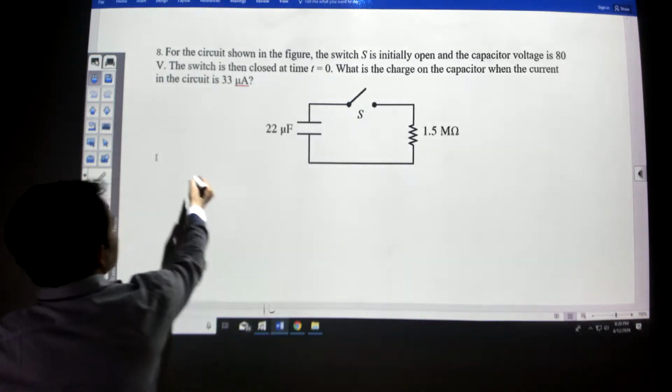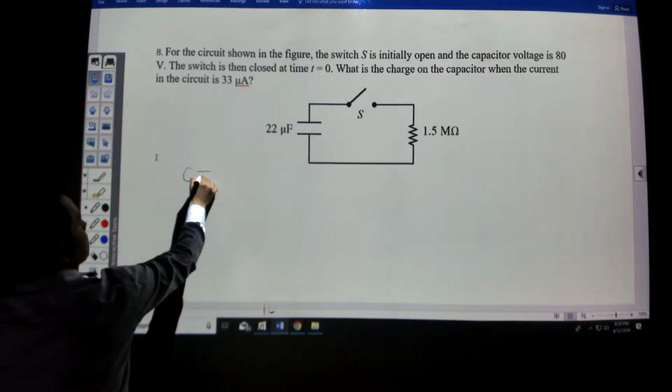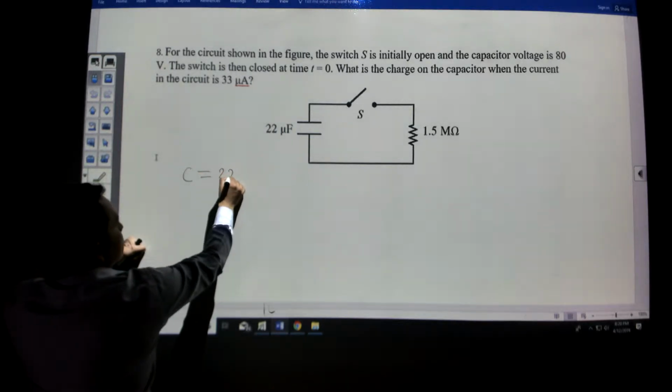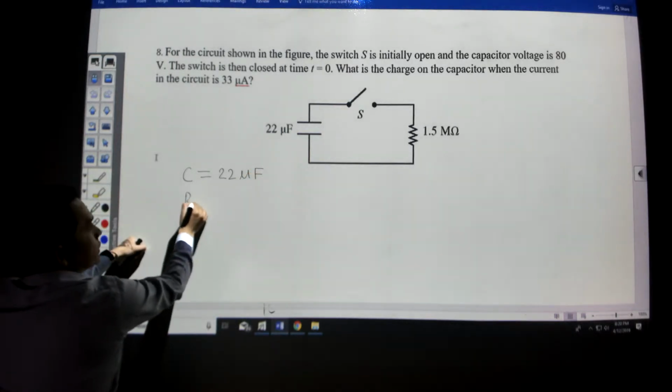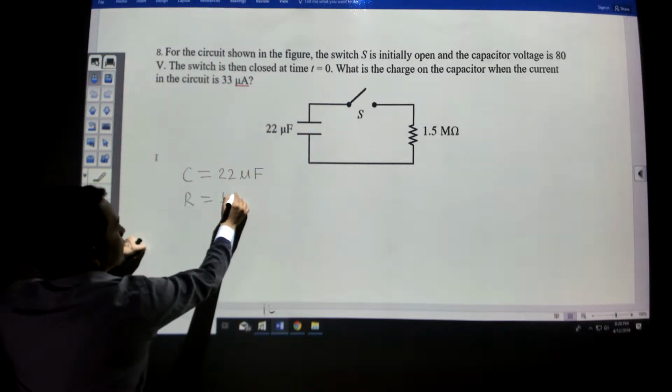The capacitance C is 22 microfarad. R is 1.5 mega ohm.